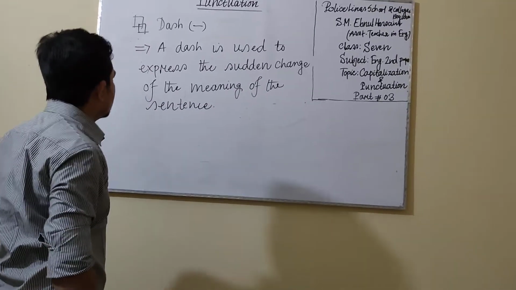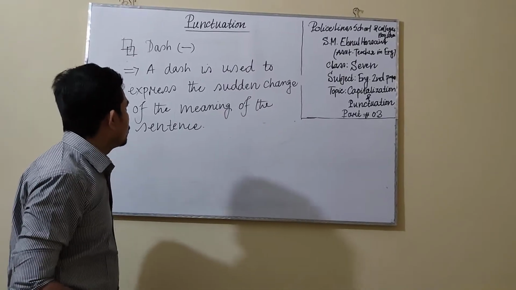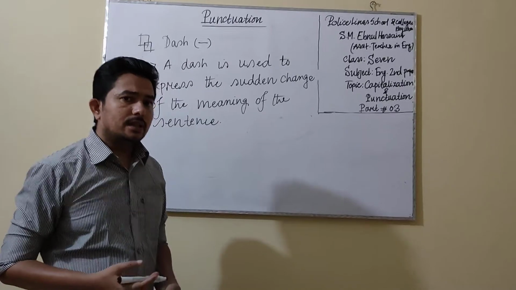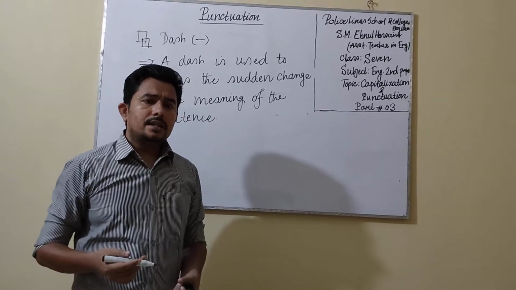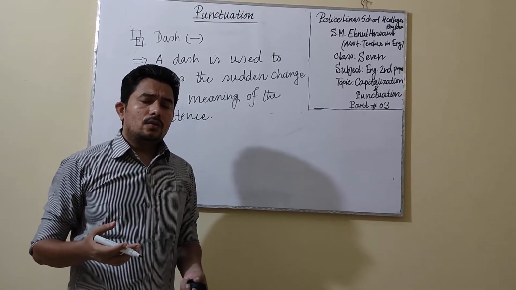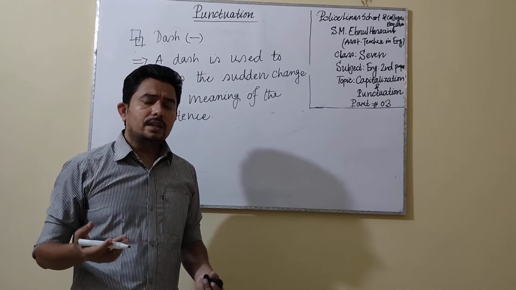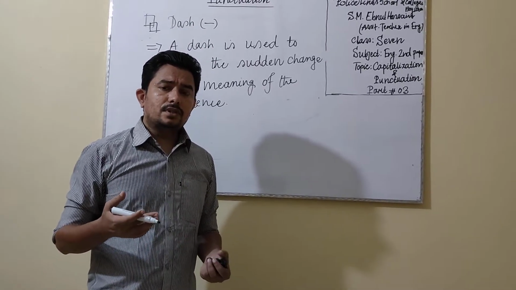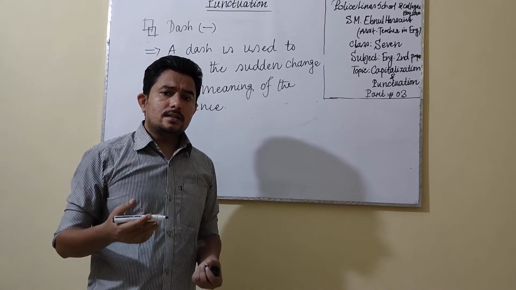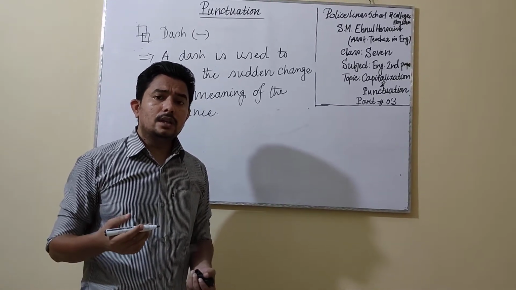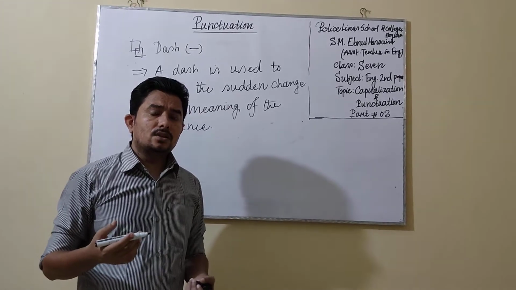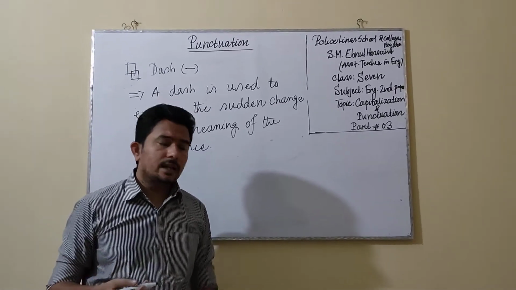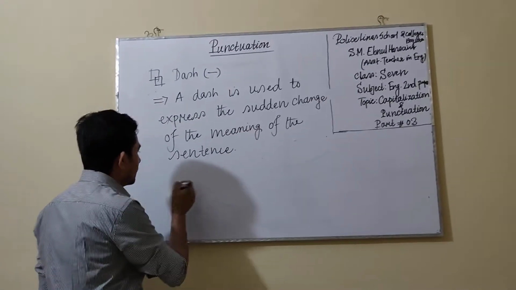Look at the board: a dash is used to express the sudden change of the meaning of the sentence. Sometimes when we talk about something, a sudden change of the sentence is needed. So when we express the sudden change of the meaning of the previous sentence, then we can use the dash. Let's have an example.